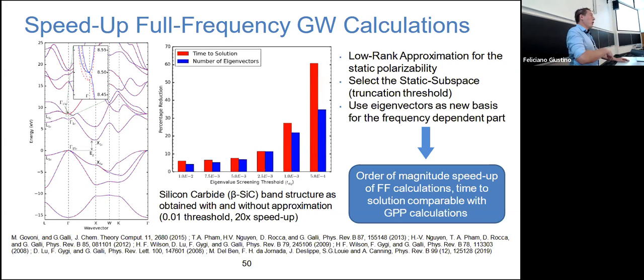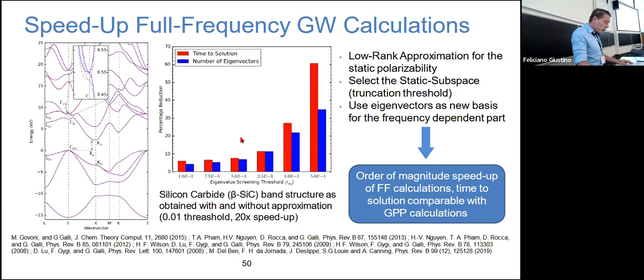We can rewrite all the equations in order to exploit the subspace basis. And if you do that, you get an acceleration in the full frequency part, which is proportional to the square of the reduction in the number of eigenvectors used for the new approximation. Here is shown the evaluation of the GW full frequency band structure for silicon carbide. We are comparing here the full calculation, so without approximation, and the static subspace approximation by using a screening threshold on the eigenvectors of 10^-3.